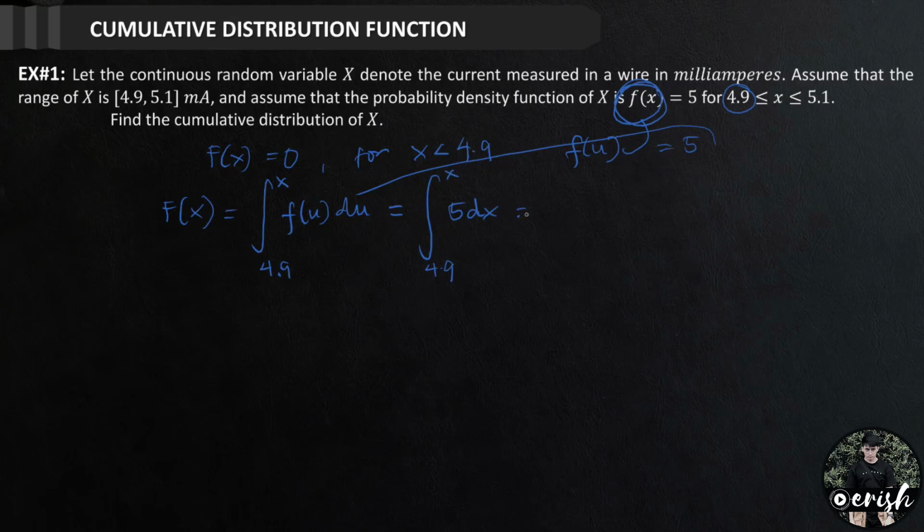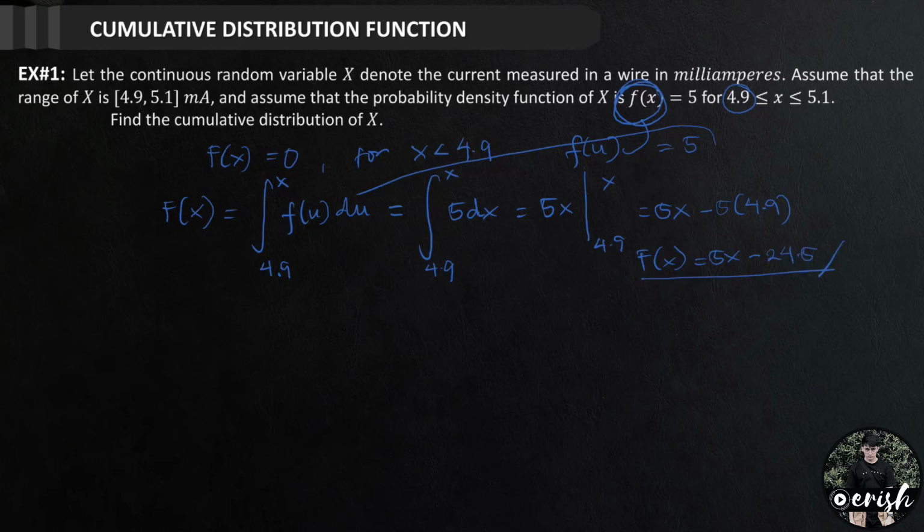So calculating, this is 5x from 4.9 to x. And substituting the values, we have 5 starting with x minus 5 times 4.9. So f of x is equal to 5x minus 5 times 4.9 is 24.5.